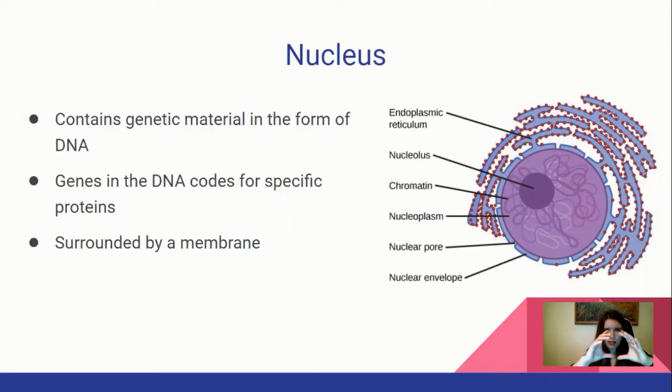So this membrane around the nucleus keeps the DNA in because DNA is too big to get through that membrane. And it also keeps random ions and other molecules from coming in and messing with the DNA. So it also protects the DNA, keeps other stuff out.